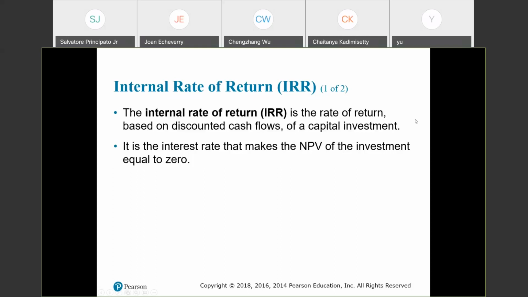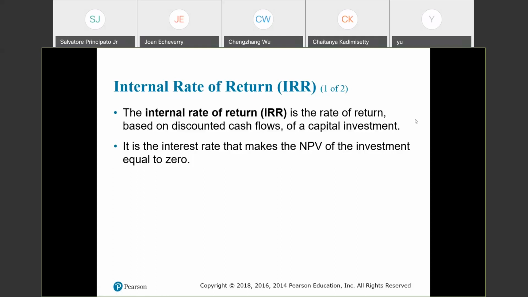Okay, so we'll start with IRR, the part that was left in the last class. Before we discuss IRR, internal rate of return, let's have a quick review of what was discussed in the last class.